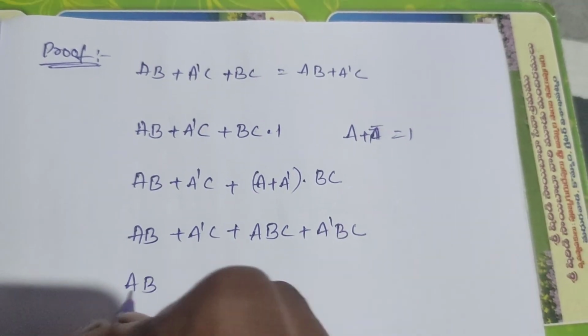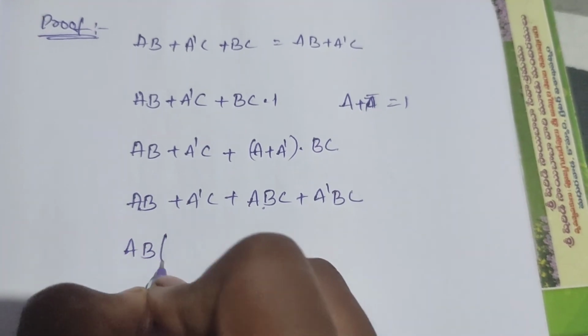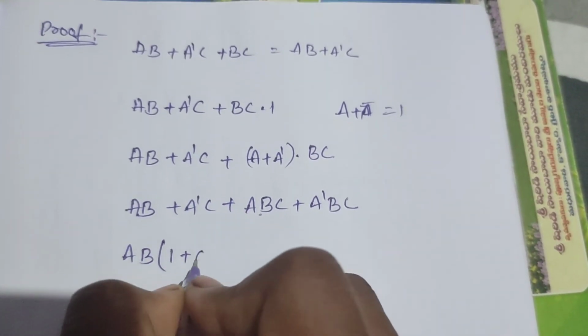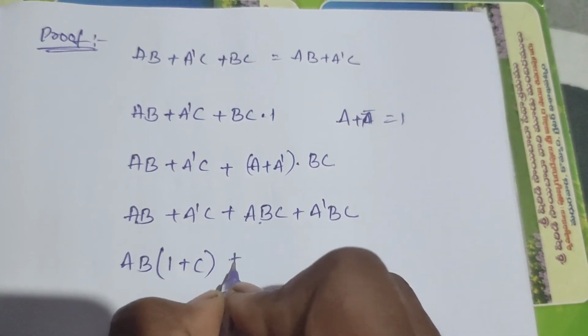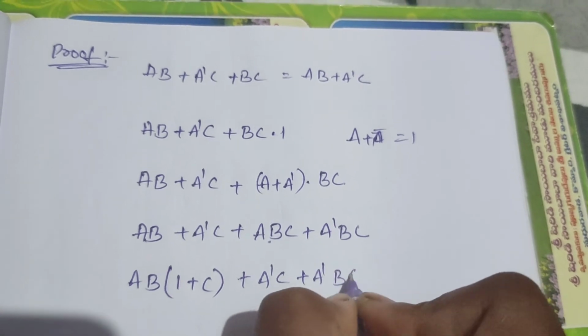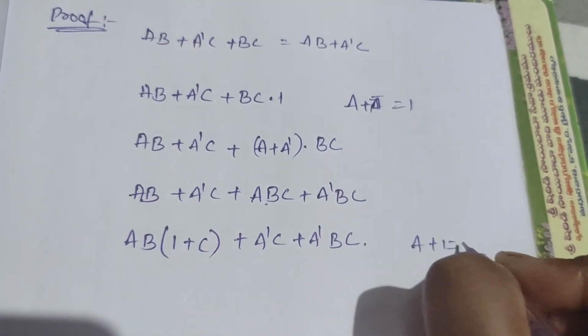B is taken common from these two. AB into (1 plus C) plus A bar C plus A bar BC. 1 plus C is equal to 1.